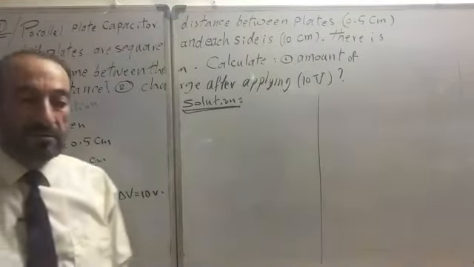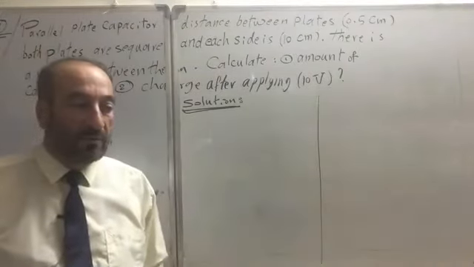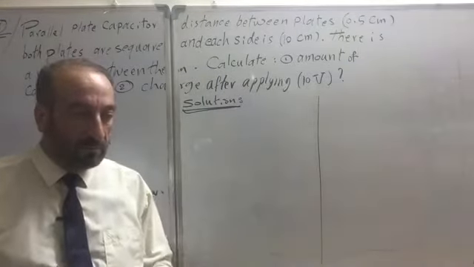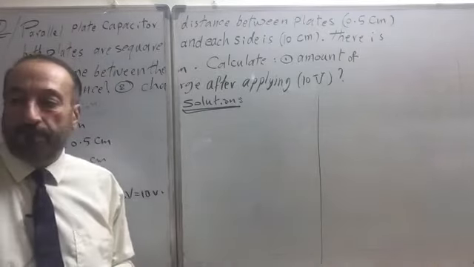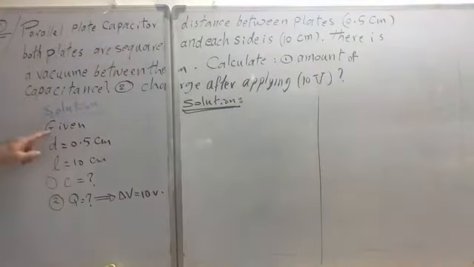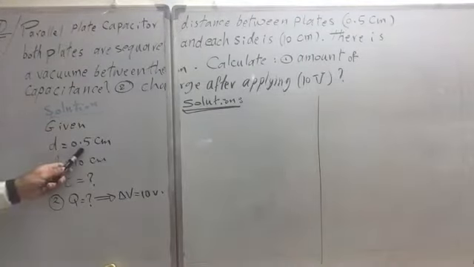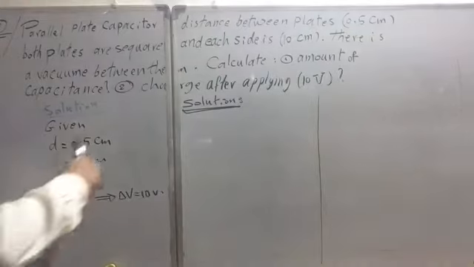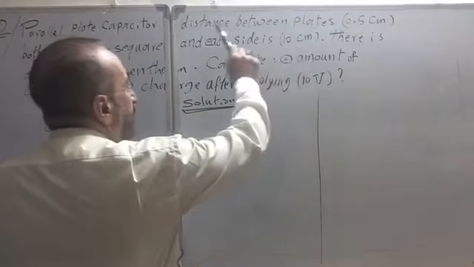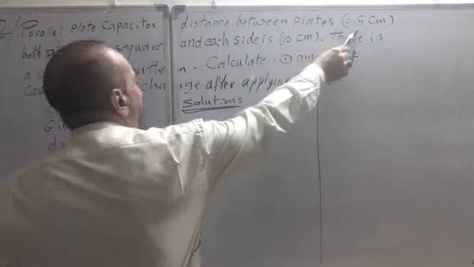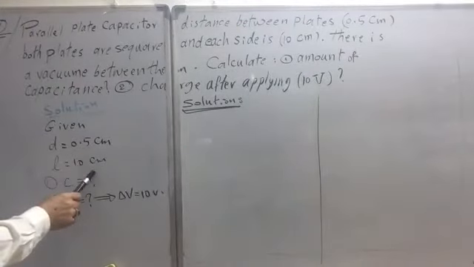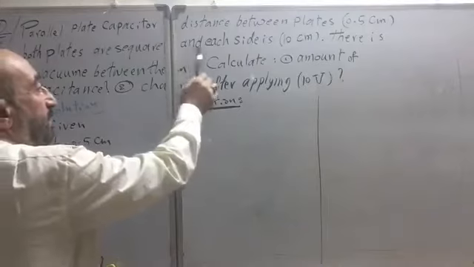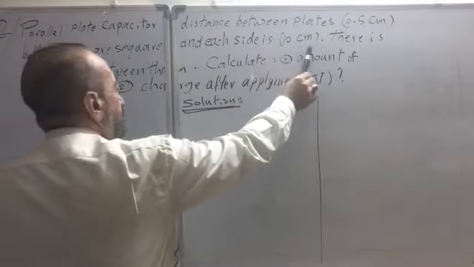How can we find a question like this? First of all, as we know, we must write down the given. The given is D equal 0.5 centimeter from the question. The distance between plates is 0.5 centimeter. L equal 10 centimeter, and each side is 10 centimeter.